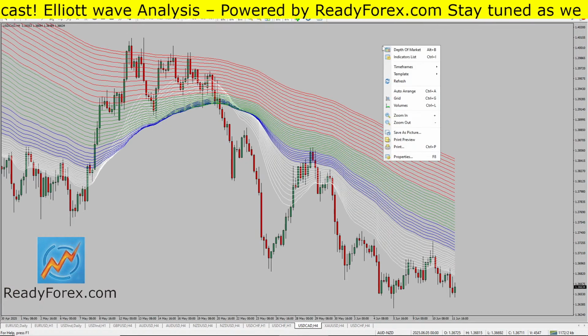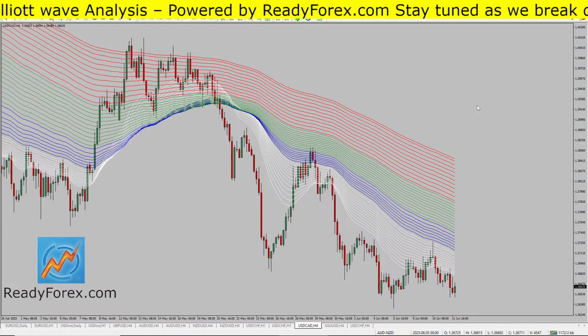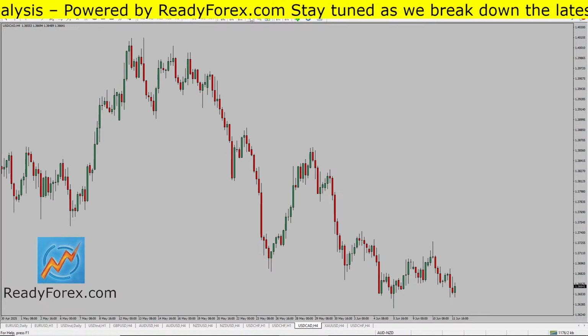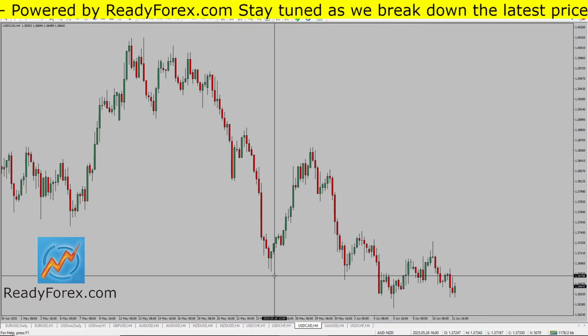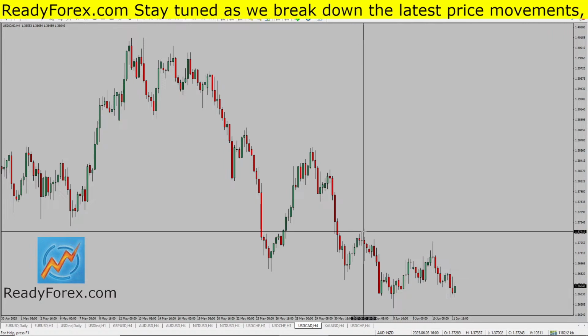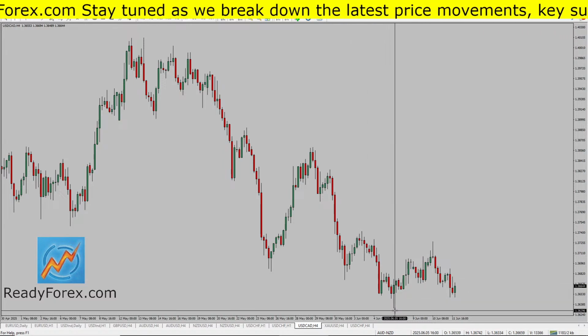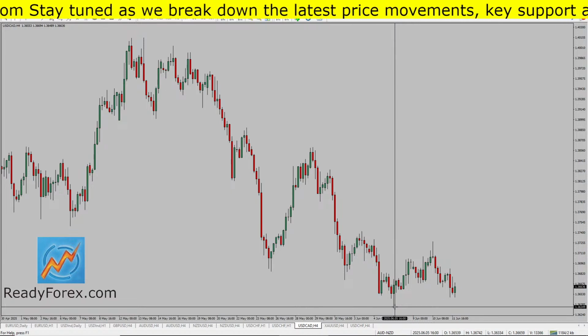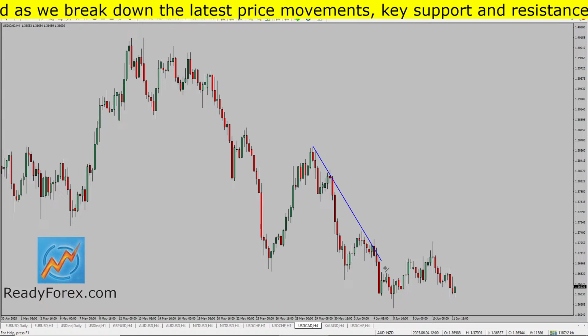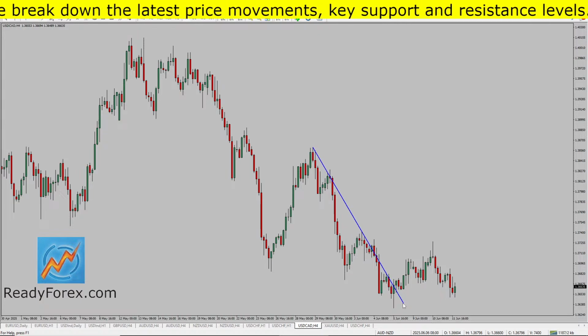Okay, it's trying to turn into a downtrend in 4-hour. It's a clear downtrend. As far as the Elliott Wave analysis is concerned, this looks to me like we got wave 1, wave 2, wave 3, wave 4, and wave 5, and the move is over. So this looks like a wedge shape formation. What I mean by that is this.